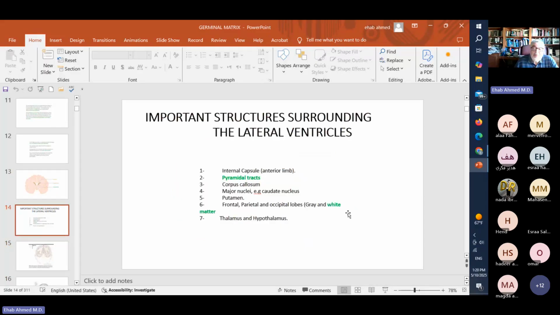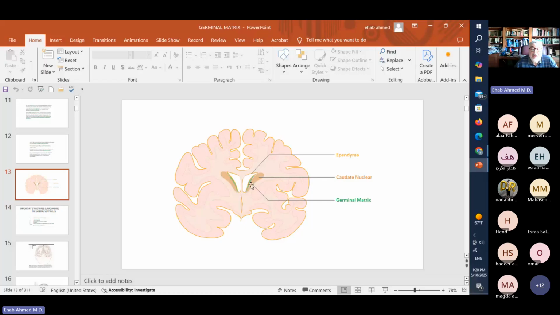And as we notice, the ventricular system lies in the middle of the brain, surrounded with extremely important structures. In addition to the parenchyma of the brain, you have the caudate nucleus, you have the internal capsule, you have the pyramidal tracts, and this explains the complications of GM-IVH when it's severe and when it affects the surrounding structures in a very immature brain in a very critical stage of development.